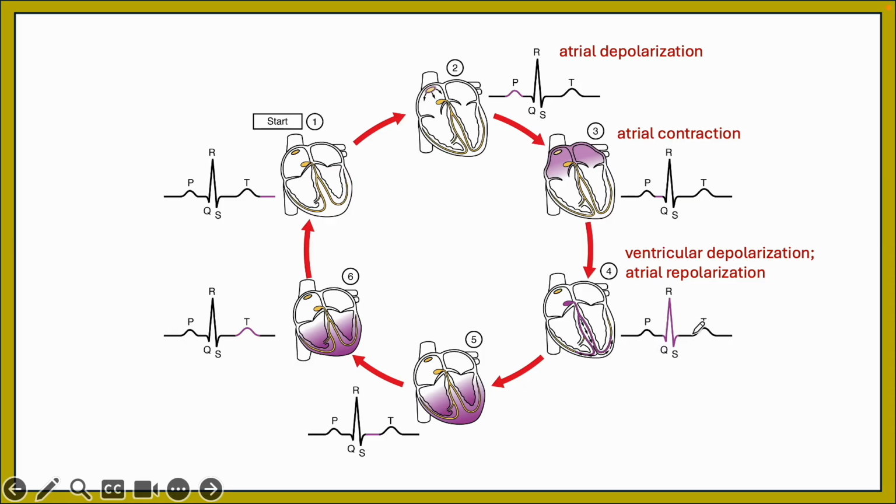It's hidden by the QRS complex, which is mainly based on the ventricular depolarization, but you do have the atria repolarizing as the ventricles are depolarizing. The ventricles will continue to depolarize until they reach this base here, and then it will go through ventricular contraction.